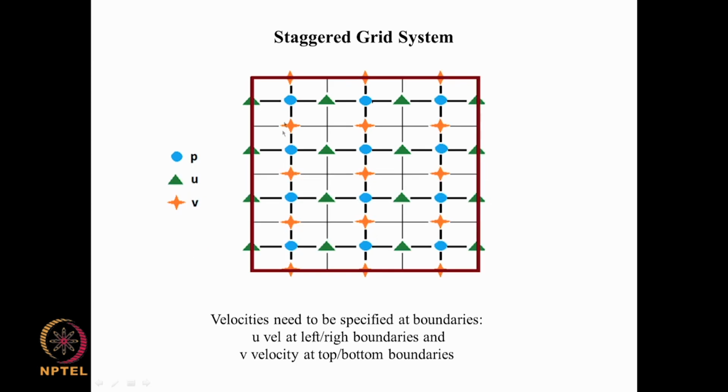If you are looking at, for example, a rectangular domain like this, you can put a mesh here in which u velocity is evaluated at these points, such that the left boundary and the right boundary are the points at which u velocity is evaluated, and the top boundary and the bottom boundary are the points at which v velocity is evaluated, and pressure is evaluated at midpoints here.